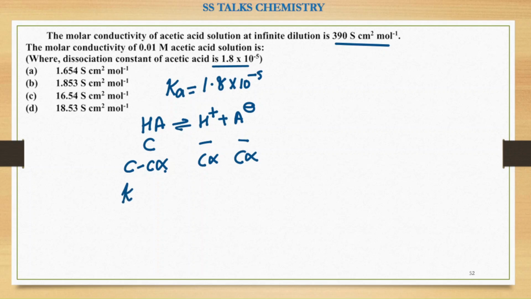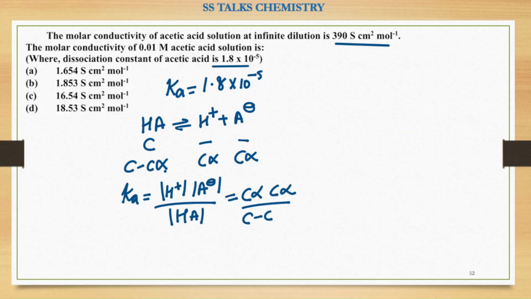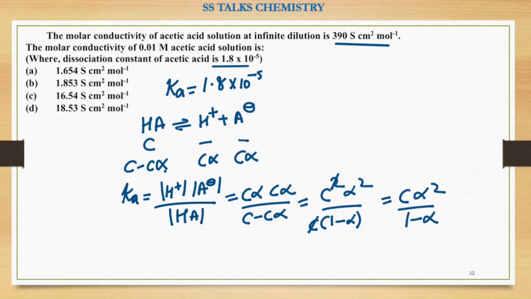Now to write the dissociation constant for this, it's going to be the concentration of the products, which is H positive into A negative upon the HA. Alright, this is going to be C alpha into C alpha upon C minus C alpha. Alright, this is C square alpha square upon C times 1 minus alpha. So this we get as C alpha square upon 1 minus alpha.